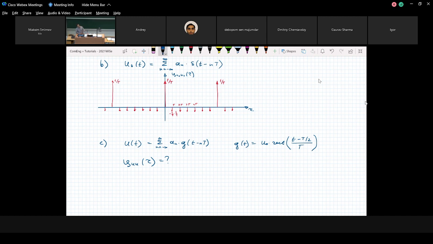And a small hint: you don't need to go to frequency. You already have everything without the Fourier transform. It's a very simple question.